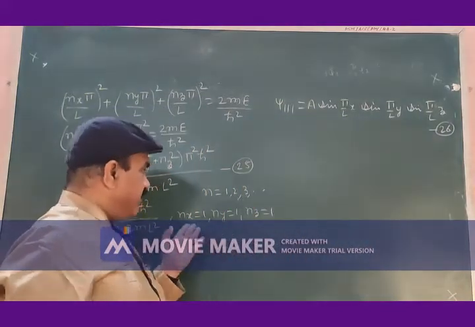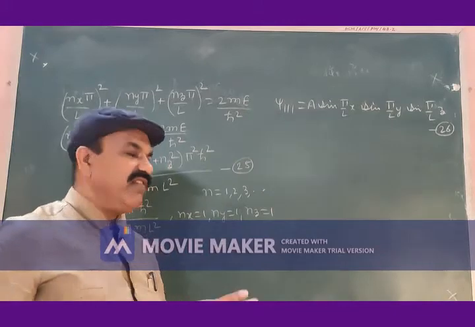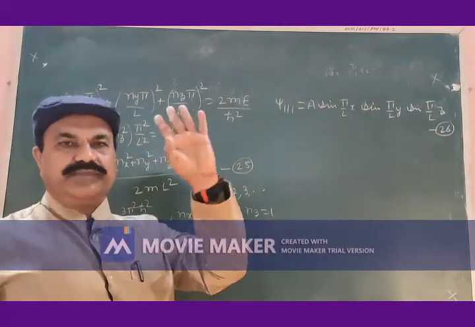This is the case when nx, ny, nz are having values 1 1 1.